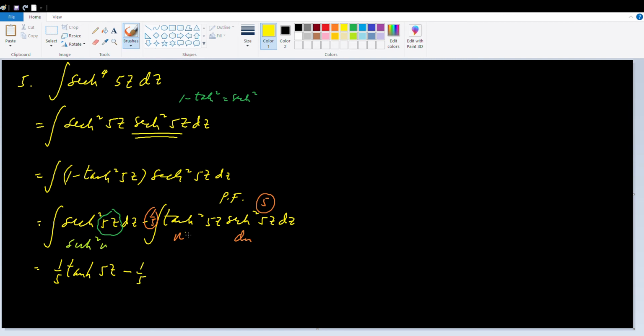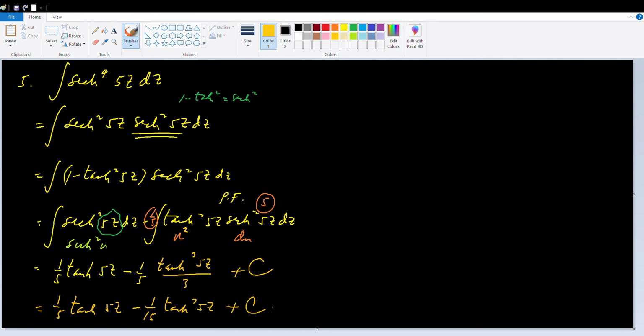And u squared, the exponent here is 2, so u squared becomes u cubed: hyperbolic tangent cubed of 5c all over 3, plus c. So 1/5 hyperbolic tangent of 5c minus 1/5 times 1/3, which is 1 over 15, hyperbolic tangent cubed of 5c, plus c.